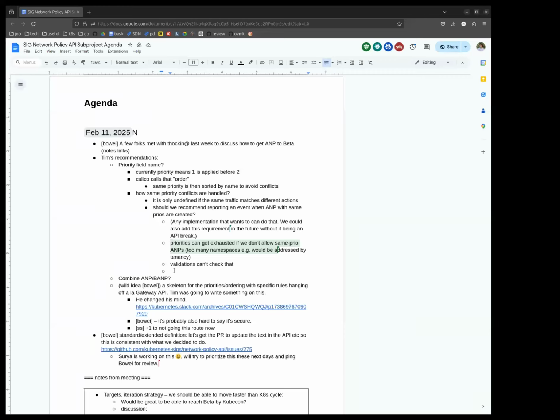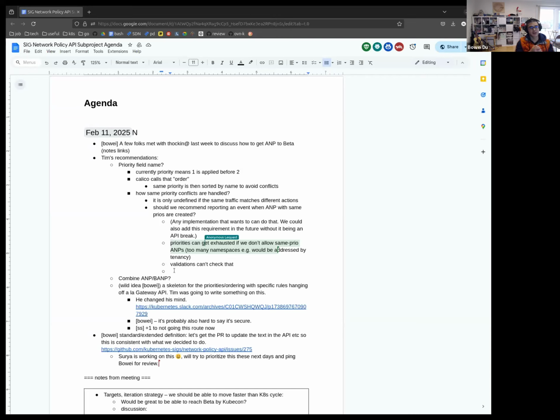So the question here is, we do currently allow this undefined behavior. There is this one very specific case of how you can get to it, and the question is, should we get rid of it? And I think the only way of getting rid of it is trying to make sure that there are no ANPs with the same priority. I guess it's a slightly different statement.